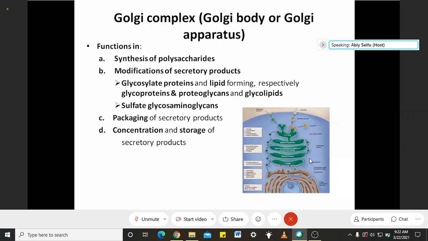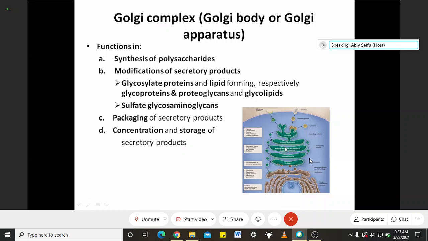It is because it also has the function of synthesizing, especially carbohydrates, polysaccharides, to be added onto proteins and steroids and other substances which it receives from the endoplasmic reticulum, like this one here. In this diagram, you can see it receives, and the green outlines are the interior of the Golgi apparatus, where carbohydrates, for example, are produced.